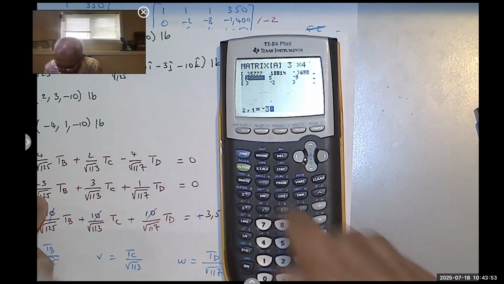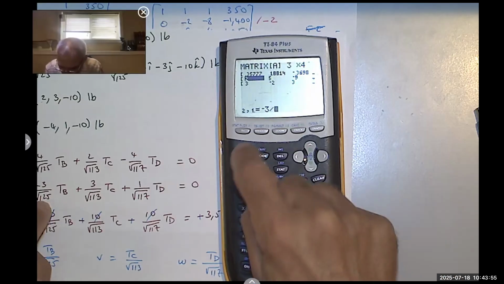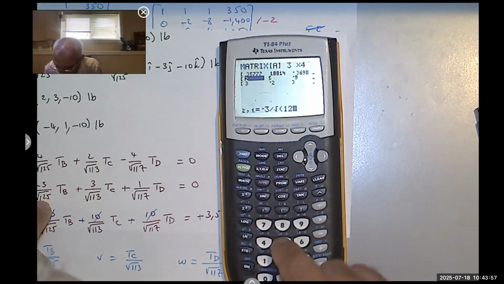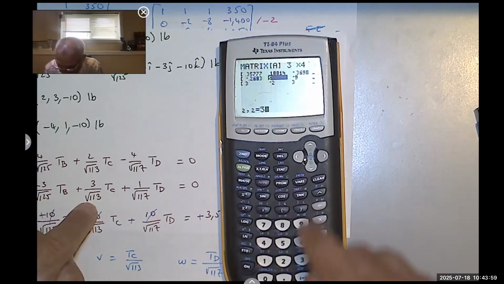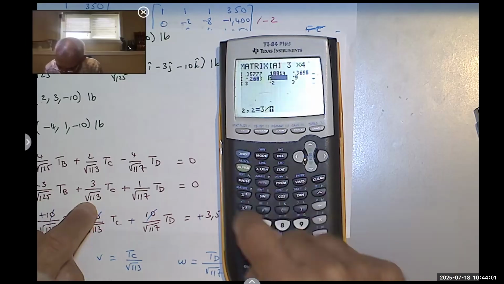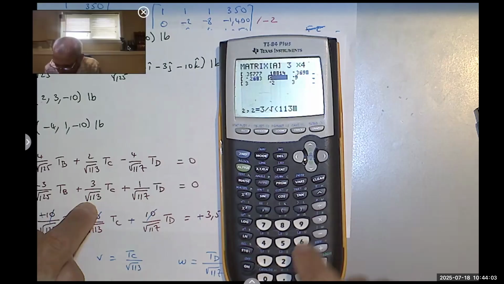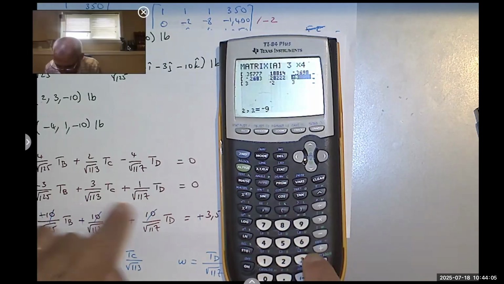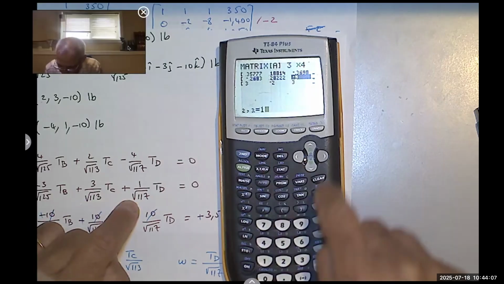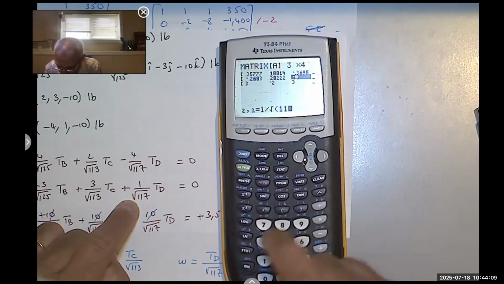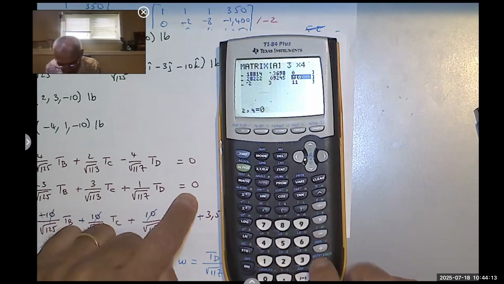I have -3 divided by the square root of 125. 3 divided by the square root of 113. 1 divided by the square root of 117. And then 0.